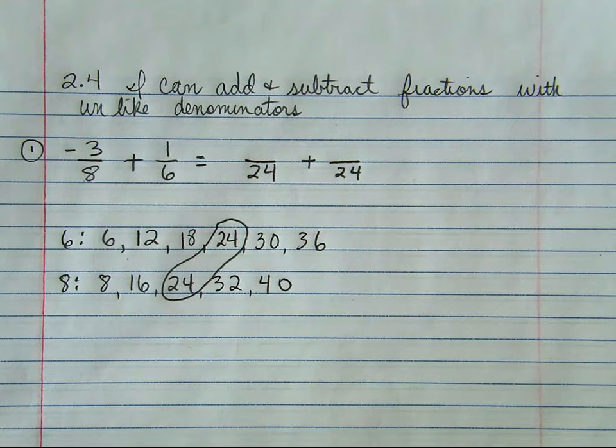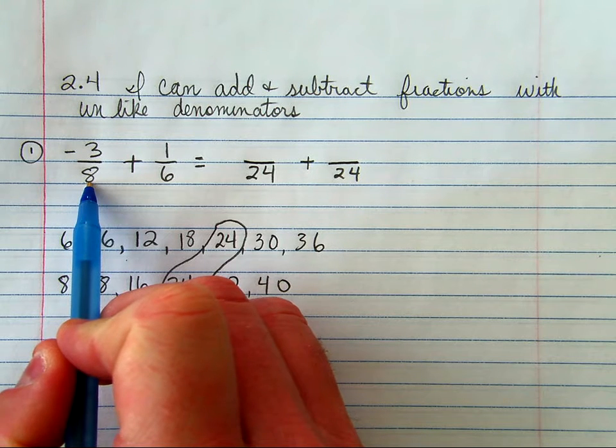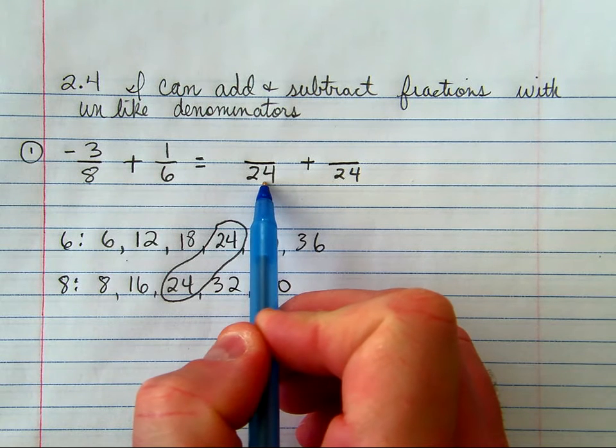Now, to figure out what to put in the numerator, we have to figure out what we multiplied 8 by to get 24.